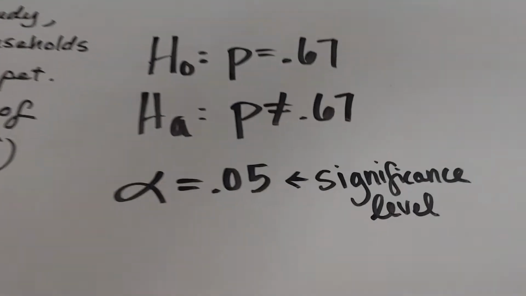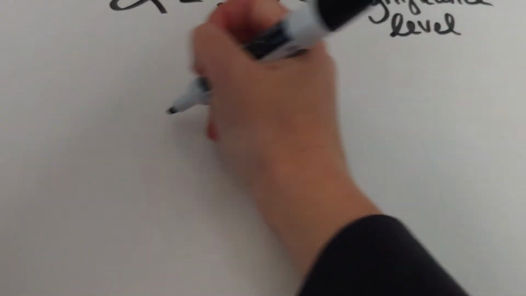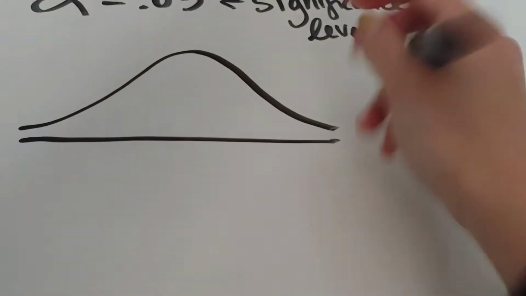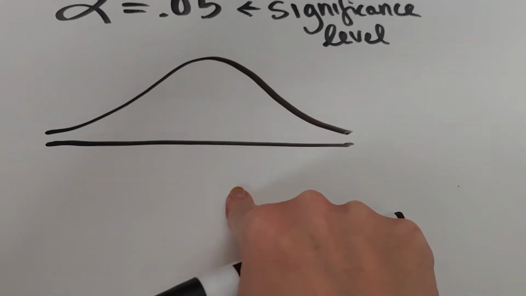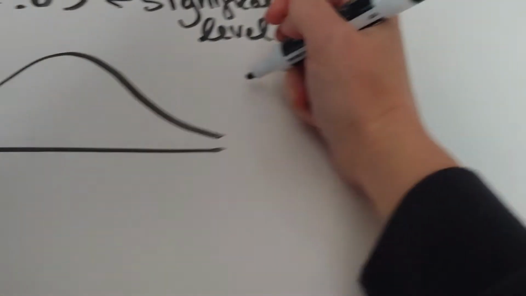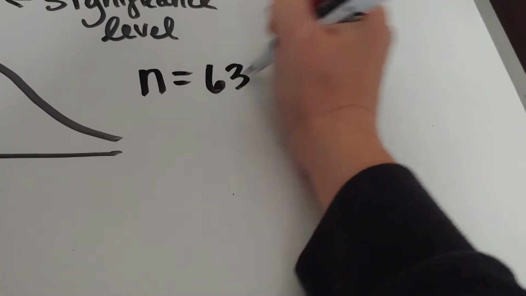So when you use does not equal to, what's happening here is that number one, we have a normal distribution. And the reason we have a normal distribution is because we have a big enough sample size. Our sample size is 635.